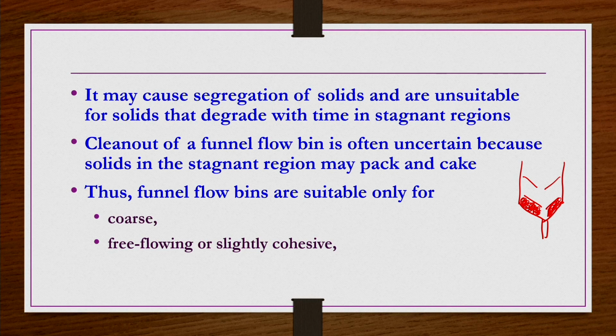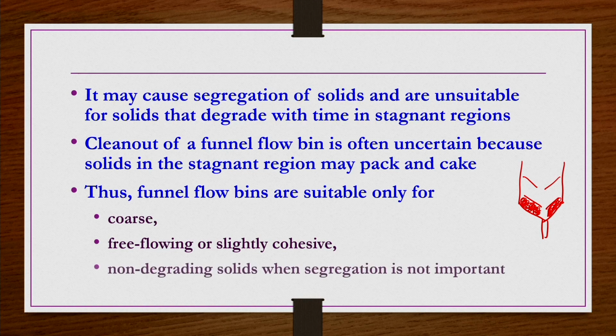So, for slightly cohesive, coarse, free flowing, non degrading solids, especially when segregation is not going to affect the quality of the solids, funnel flow bins can be used. For mass flow bins, you can use any kind of material, especially if you have cohesive material, then you go for mass flow bins. If you have coarser material, you can use either one, but it is preferable to use funnel flow bins.